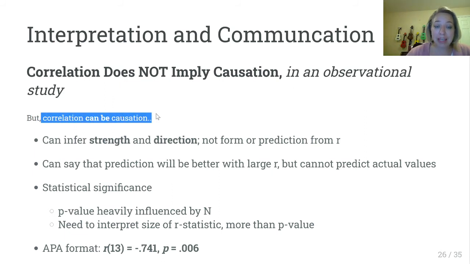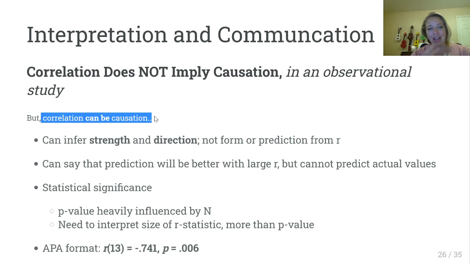Correlation can be evidence of causation. It can help us infer strength and direction, but not form by itself unless we have a scatter plot. So in order to show that correlation implies causation, we need a randomized control trial, lots of evidence building up.